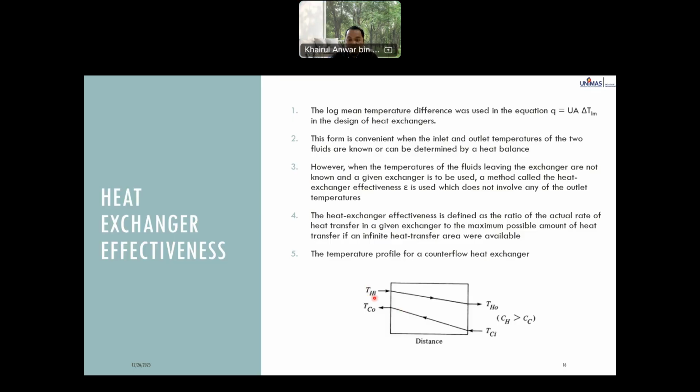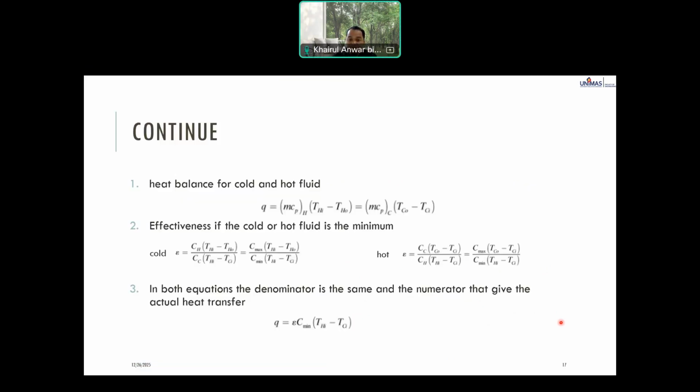THI refers to T hot inlet. This one is T hot outlet, T cold inlet, T cold outlet. So C hot is more than C cold.